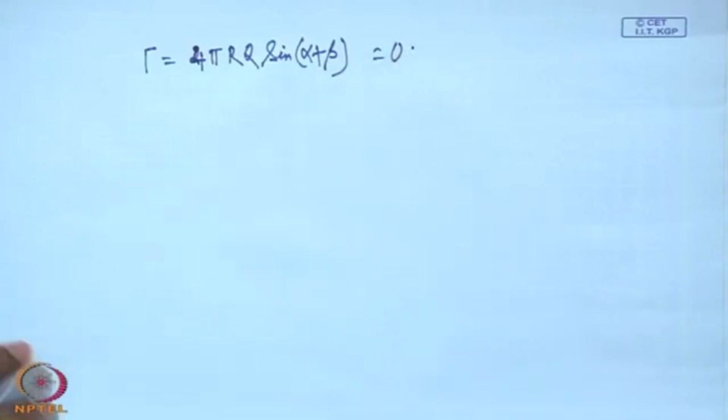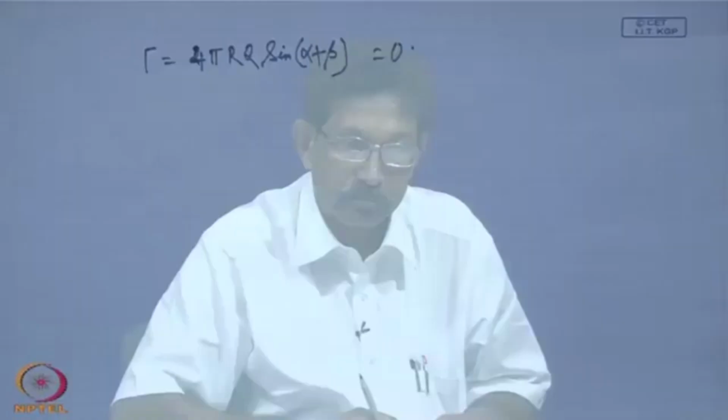This is equal to 0, because for this case alpha is 0 and beta is 0. Beta is related to camber, alpha is given as 0, and since this airfoil is uncambered, symmetric, beta is 0. So, for this case there is no circulation, it is only a uniform stream plus a doublet.